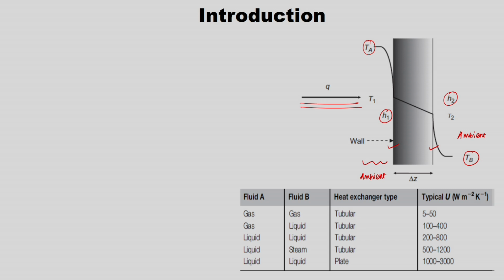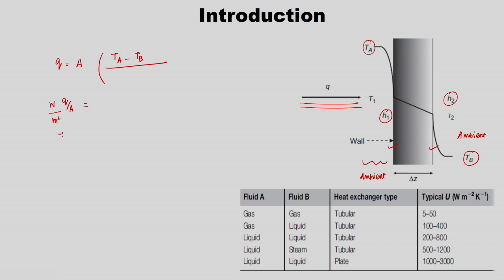So, now if we want to write the heat balance, Q is nothing but U A (TA minus TB), right. So, flux, which is nothing but Q upon A, right. Q upon A is nothing but heat transfer rate upon area. So, heat transfer rate is in watts, and area is in meter square.